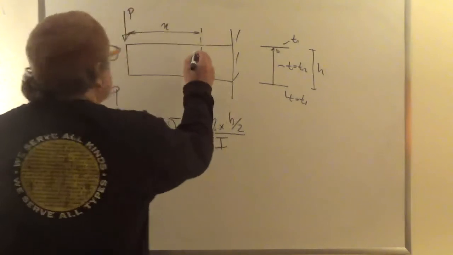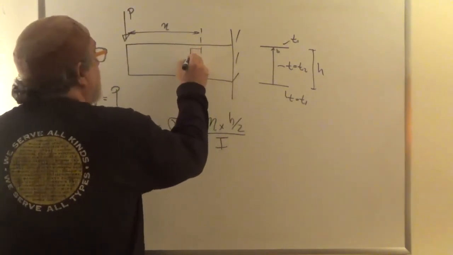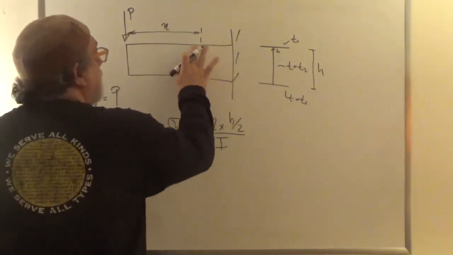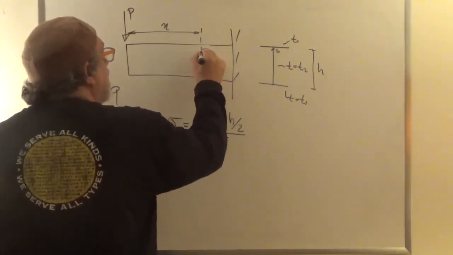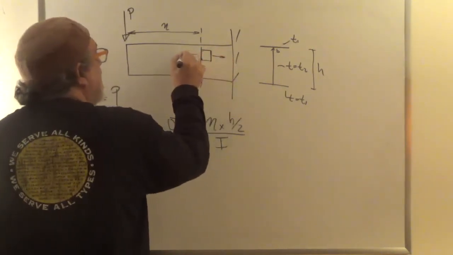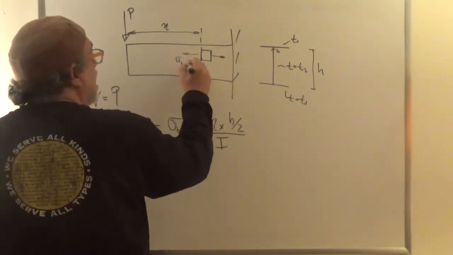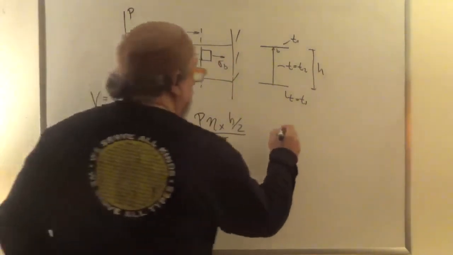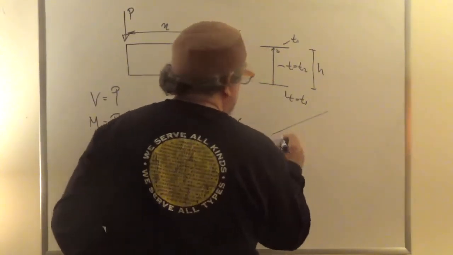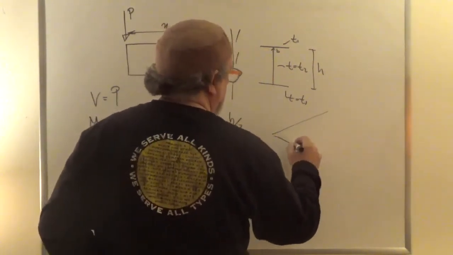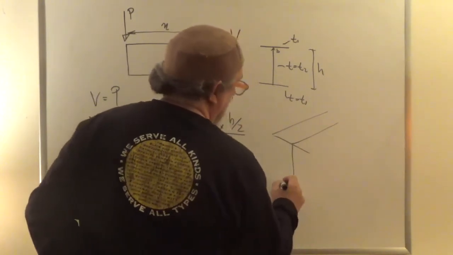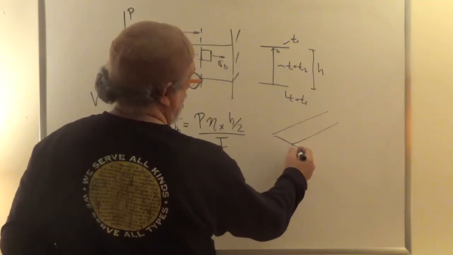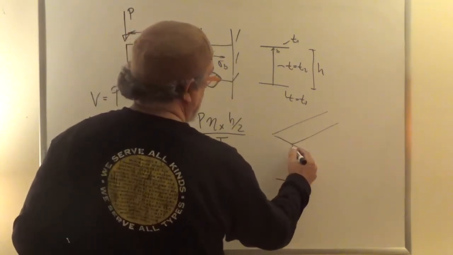That means that this element, which is here, is being pulled like this with sigma B. That little element, let me see if I can draw it. It's kind of hard to draw.